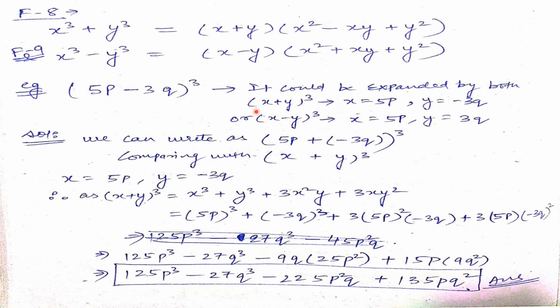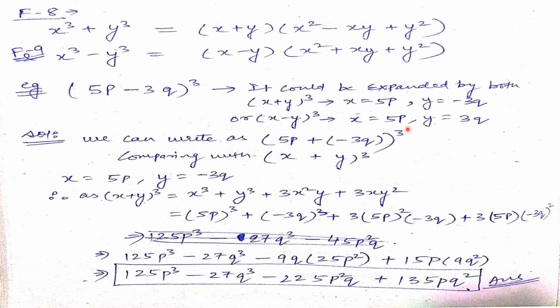Are they comparable? No. So we have to make it negative so that they can be comparable. So we will get y as −3q. Okay. If I take as (x − y) whole cube, then they are directly comparable. So x equal to 5p, negative, negative, y equal to 3q. So you can say this is the difference. Okay.